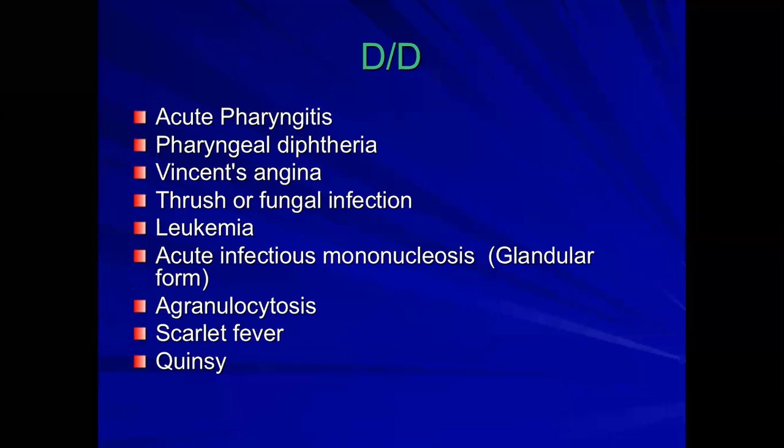This is the DD. Sometimes the examiner may ask how you confirm that this is acute tonsillitis, and what other conditions may confuse you. These are called DD, differential diagnosis. This is in front of you on the slide, so you should note it.